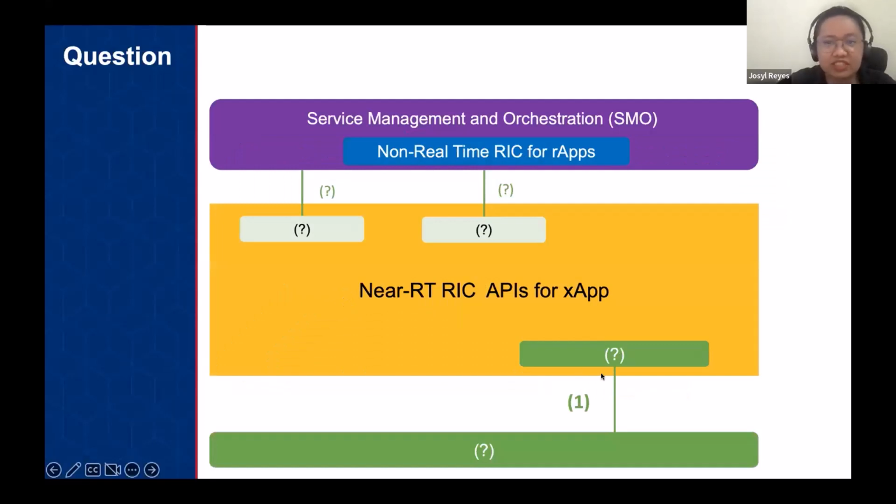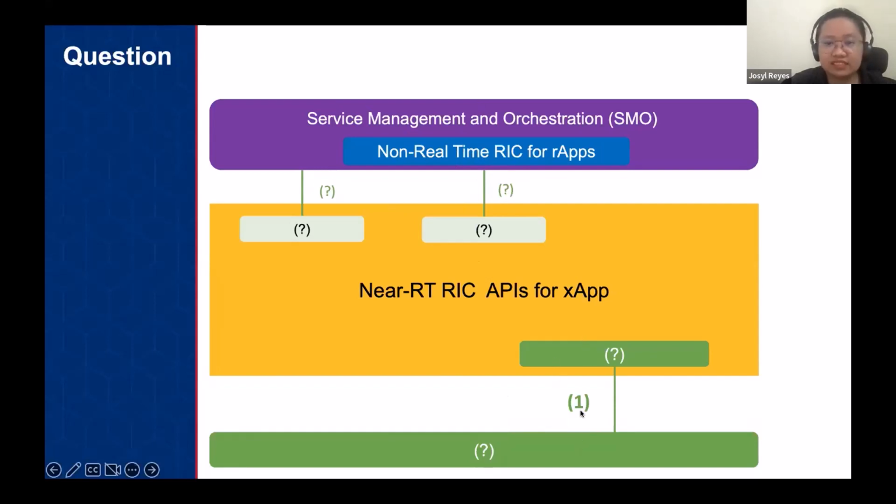Okay, another question. It's a single question, but I made all the other parts blank so there's no cheat sheet. So in this architecture for the near real-time RIC, what is the interface that is considered the southbound interface? Okay, so the earlier one should have been northbound, going up. This one is southbound, going down.